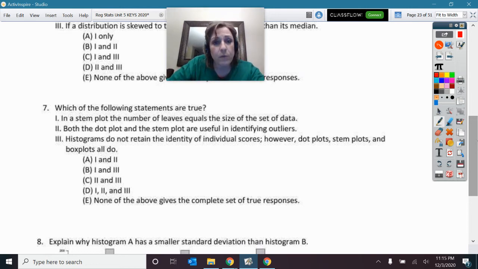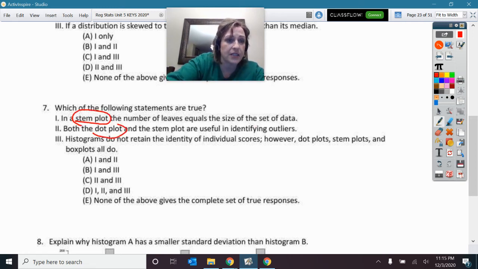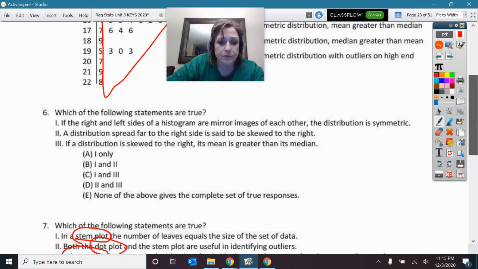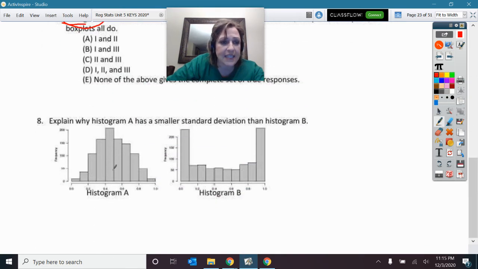Then we also will have some questions asking us about the benefits and the disadvantages of stem plots, dot plots and histograms. So we want to recall what those things look like. Let's do that just real quick. For histograms, we do not see individual pieces of data.